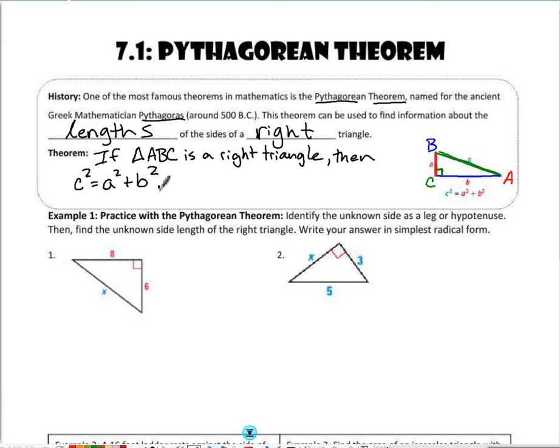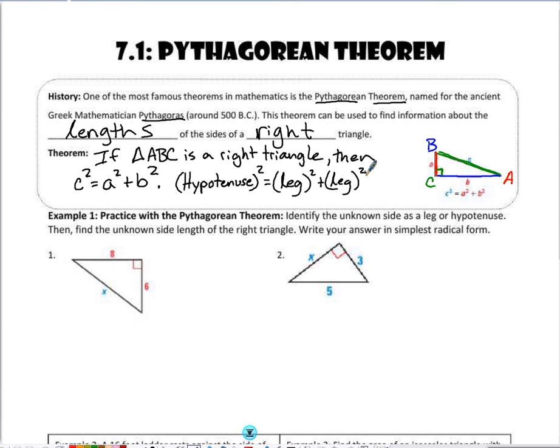So rather than using A, B, and C, I always help my students remember the Pythagorean theorem like this: hypotenuse squared is equal to leg squared plus leg squared.